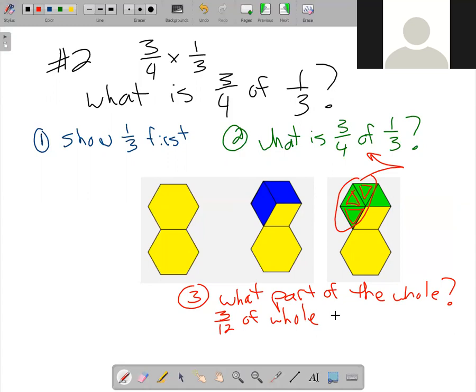What shape did I just make that I circled? Not a rhombus. The rhombus is the blue shape. Oh, the trapezoid. Yeah, 3 of them make a trapezoid. And a trapezoid is what part of the whole? A fourth. Yeah, so another answer, if you redraw the picture again, 1/4 of the whole.